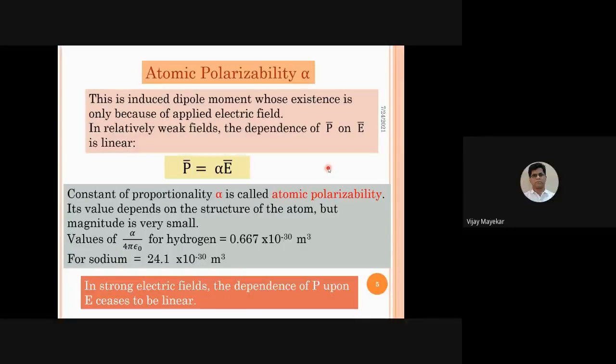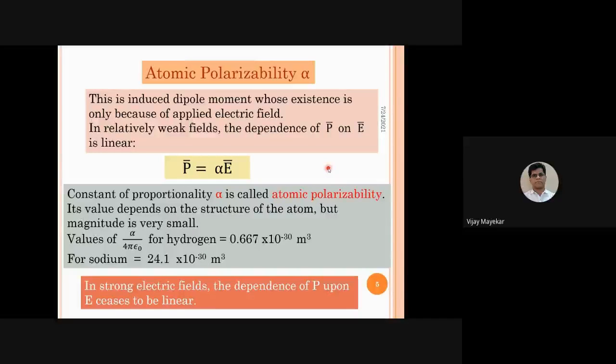Atomic polarizability is defined as alpha. How is it defined? It is basically the induced dipole moment, whose existence is there only because of the applied electric field. Here I am referring to the non-polar category of material.